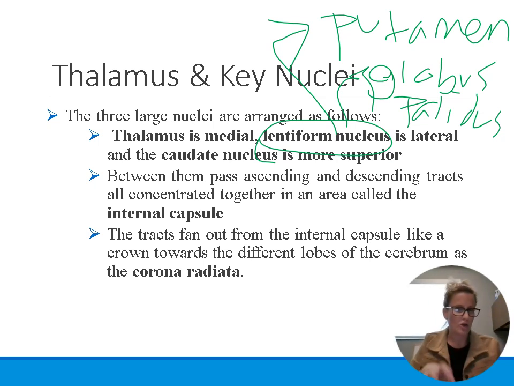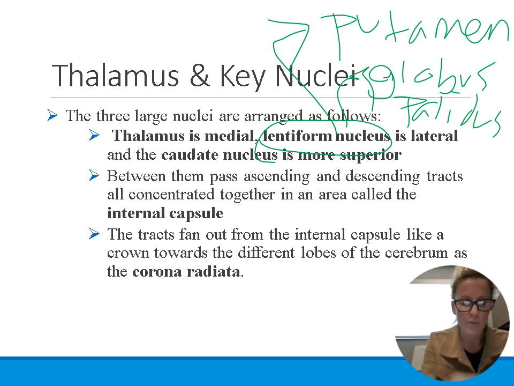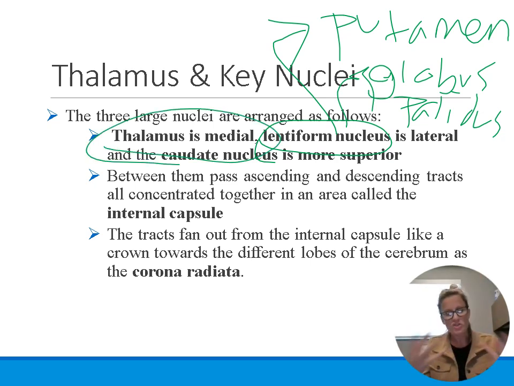The three largest nuclei are the thalamus, the lentiform nucleus, and the caudate nucleus. These are all arranged very closely to each other, like they're all in the same area. When we look at them, we'll see that the thalamus is located medially, which makes sense because remember, the right and left thalamus connect to each other in the very center of the brain.